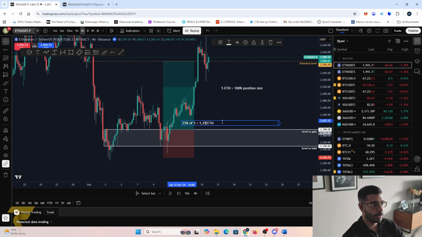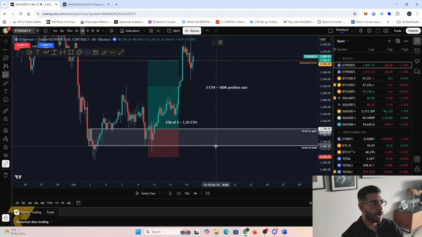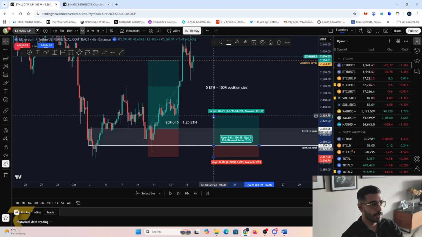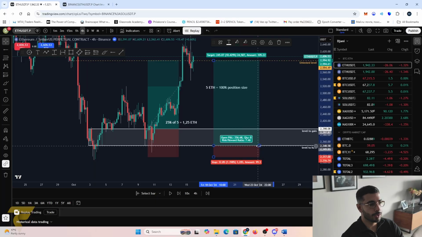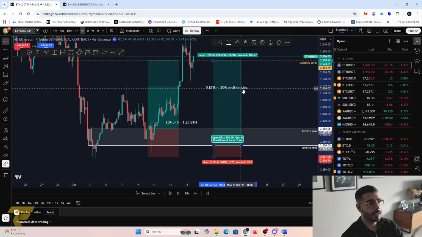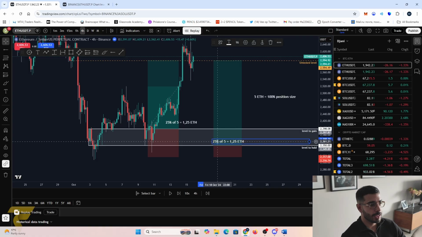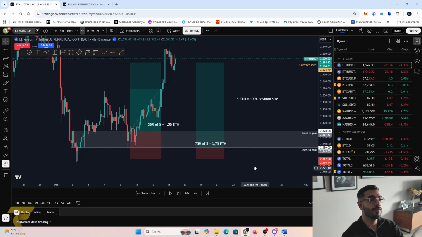Okay, I'm actually tripping. That's 1.25 ETH. So whenever price happens to go to the bottom part of the trading, let's say we target the same stuff, then in this case, we can scale into the second position for 75%. And this will account for 3.75 ETH.